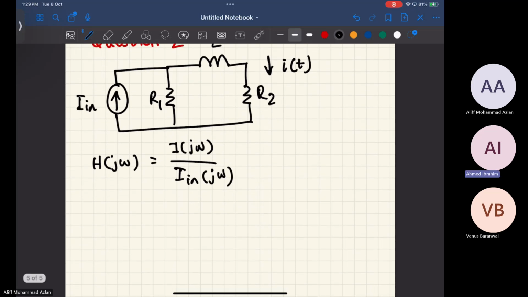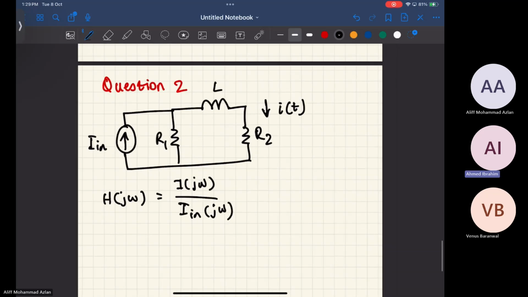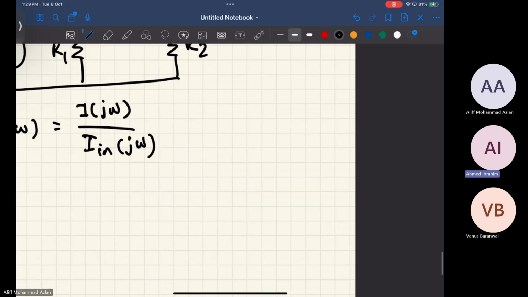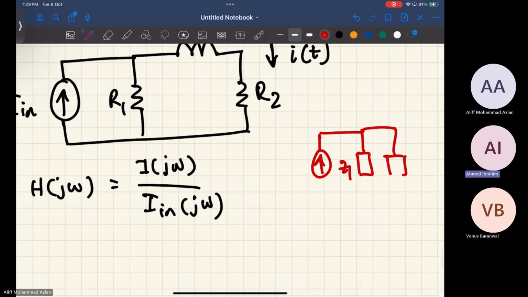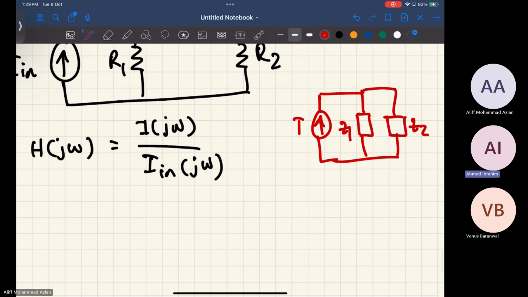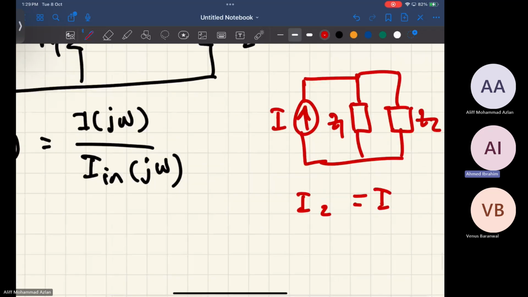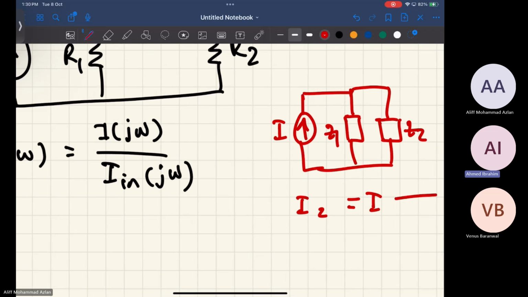This one is very straightforward because it's just a simple current division. So the formula for current division, if we've got something like this, Z1, Z2, then we have I2 is equal to I times, on the top we have the impedance that we're not interested in.